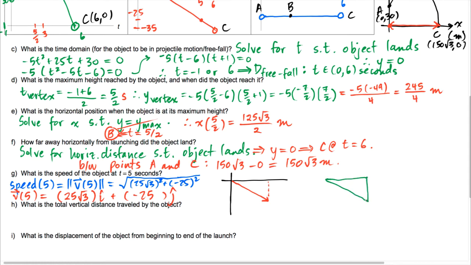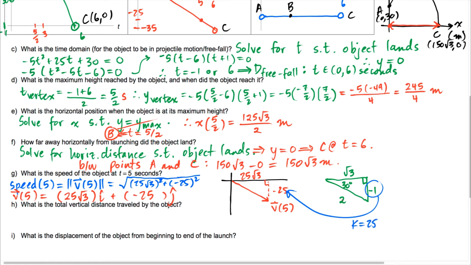So if we know our parent triangle of 30 degrees, hypotenuse of 2, opposite of 1, and adjacent of root 3, we can see that the red velocity of 5 vector is actually a scaling of that vector. Namely, this is 25 root 3, the y component is negative 25, and just by using similarity and scaling, technically this is a negative 1 here, we can see we have a scale factor for all sides of this triangle of 25.